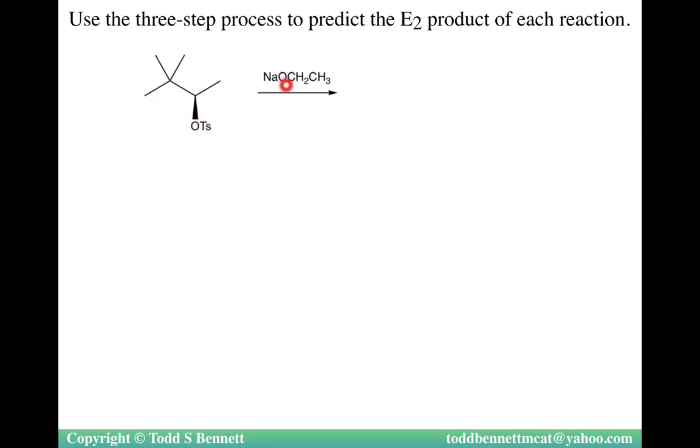When I do this, this base here, again, is of intermediate size. So as we saw in that table, when we used a base this size, you got a mixed bag. You got a little bit of both. So you have my alpha and the betas. Size-wise, it's small enough that it can still get in here, but this is a trick question.